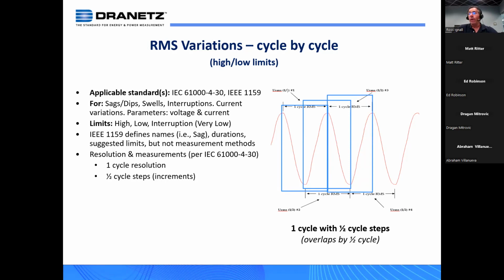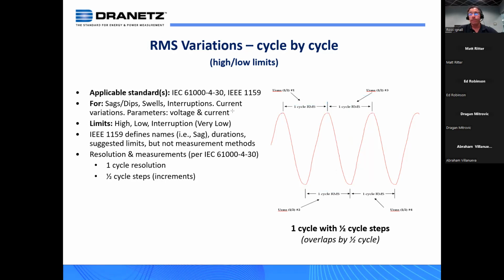So really the resolution of any high or low limit, a sag or a dip or an interruption limit, is one cycle, but that incrementing period is not one cycle, it's 1/2 of a cycle. So the point being, you have overlapping measurements here. You can see this area overlaps with the cycle before and after it, and the same thing over here. Hopefully that's clear. So that's the way that particular type of trigger works.